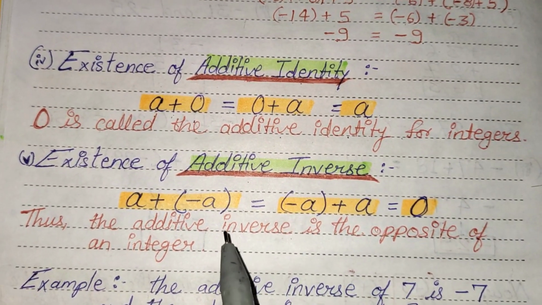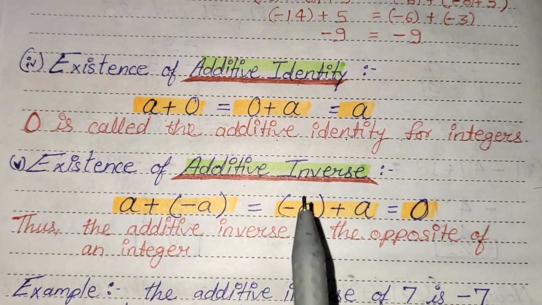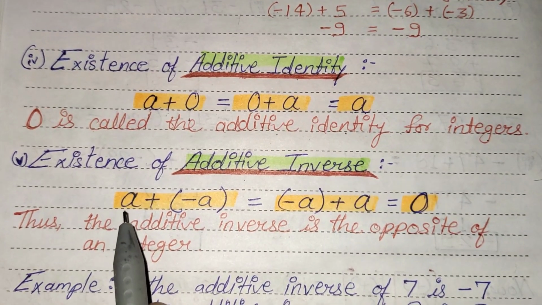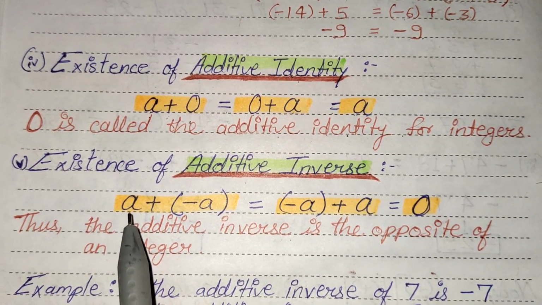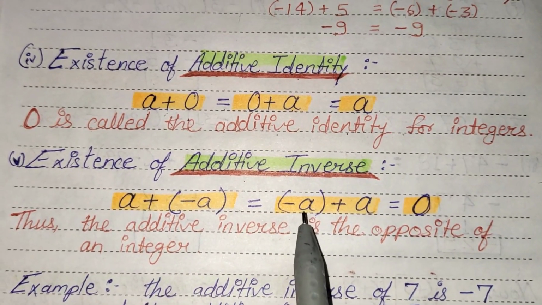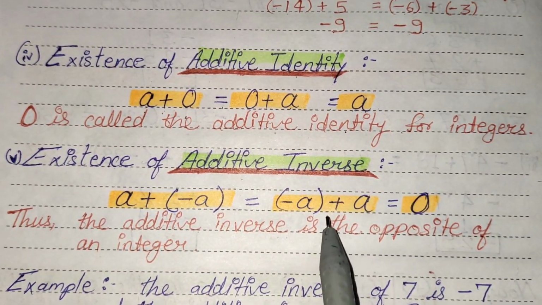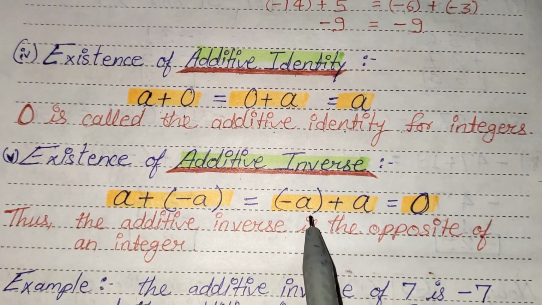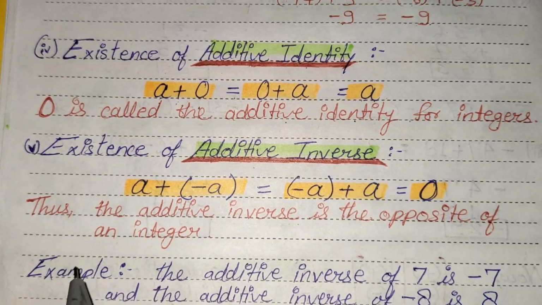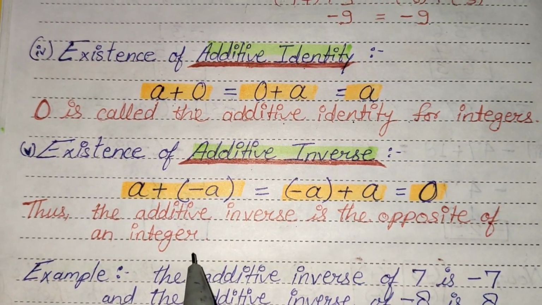If a is the given integer, we have to add its opposite, and the result is 0.